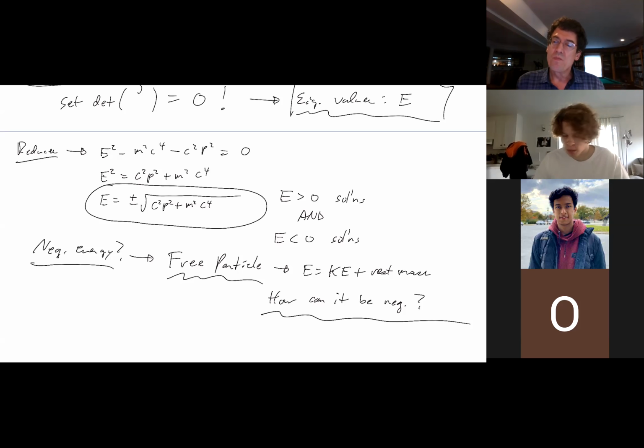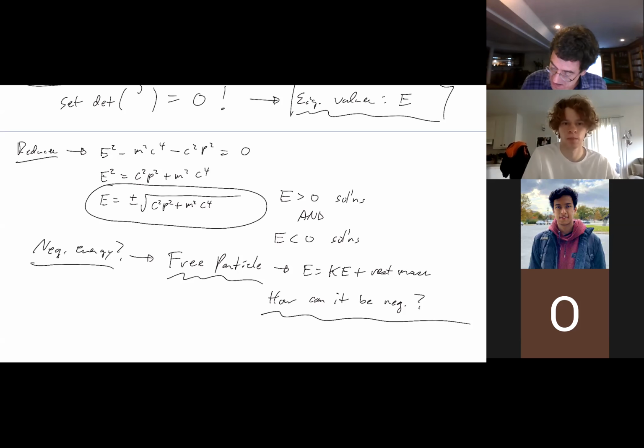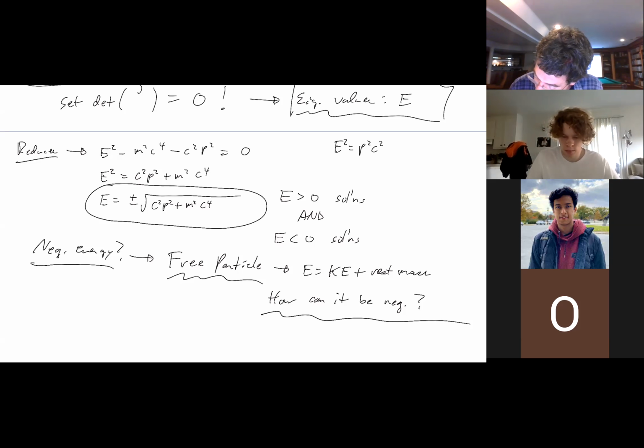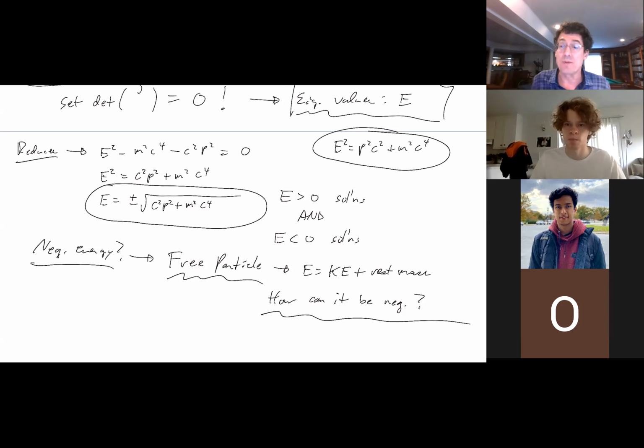Well, not exactly, because that's the thing, it's a subtle point. We started with this, right? When you write down this equation, E squared equals P squared C squared plus M squared C to the fourth, you write that down, and you've written it down 100 times, right?